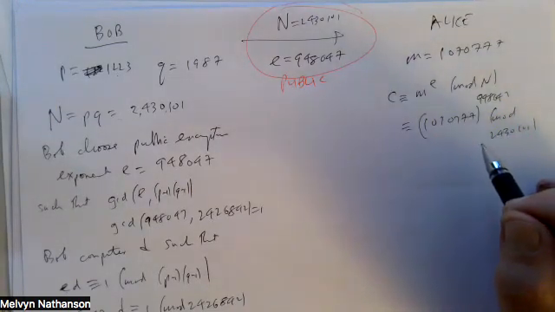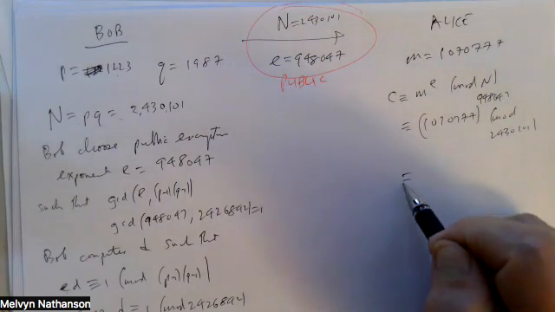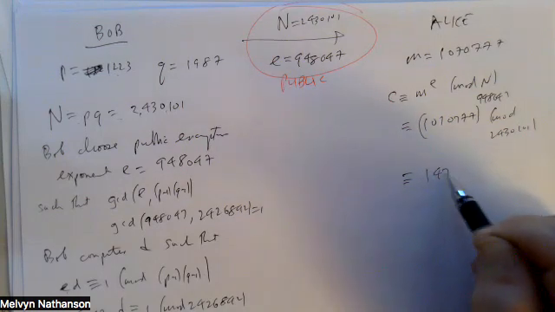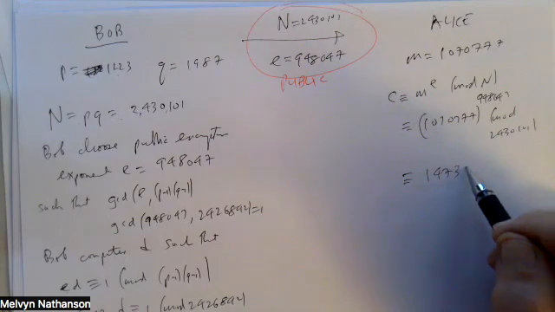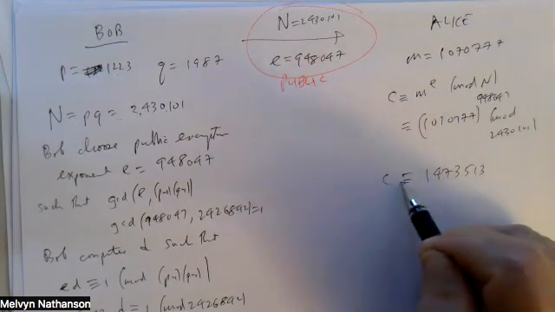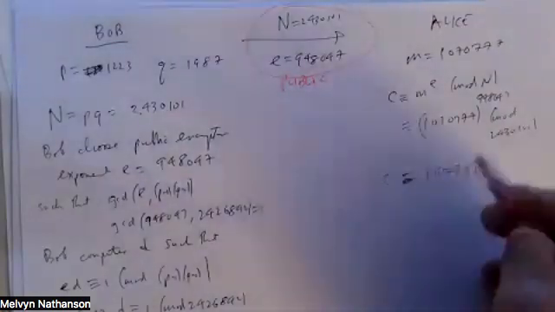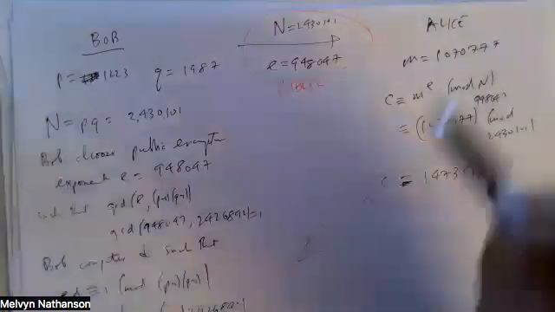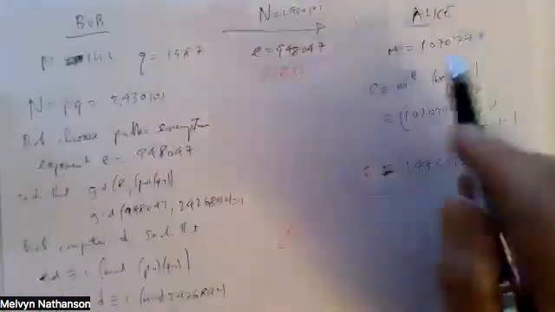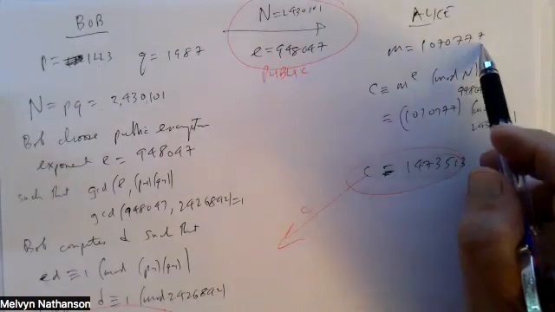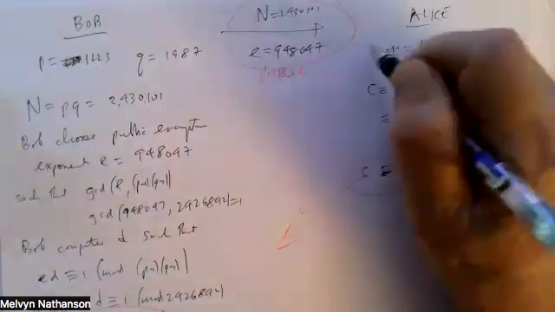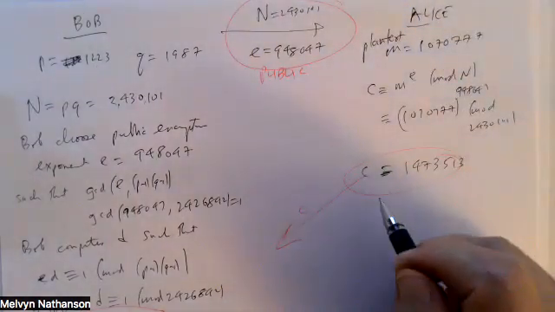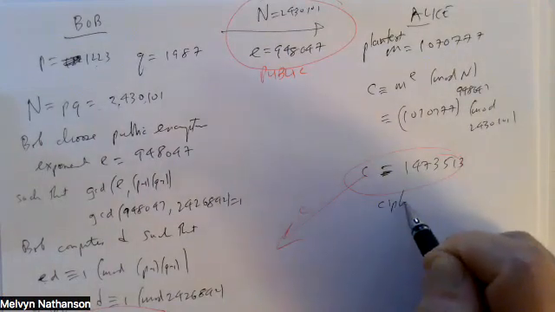And when you do this calculation, the number she gets is 1,473,513. So this is the number Alice sends to Bob. Alice wants Bob to get the message 1,070,777. That's the plain text. And the encrypted number is this. This is the ciphertext.